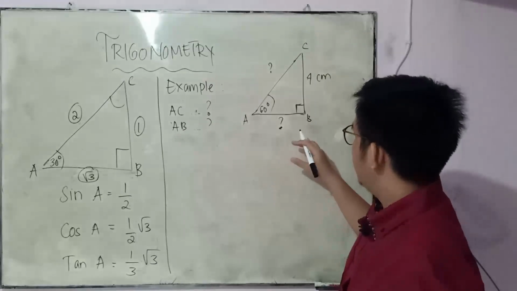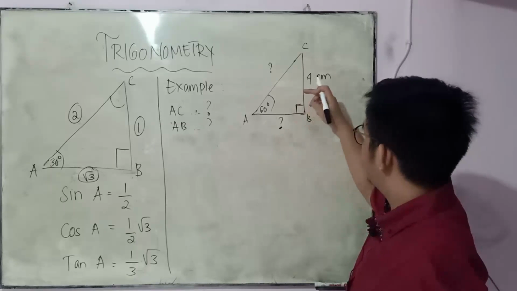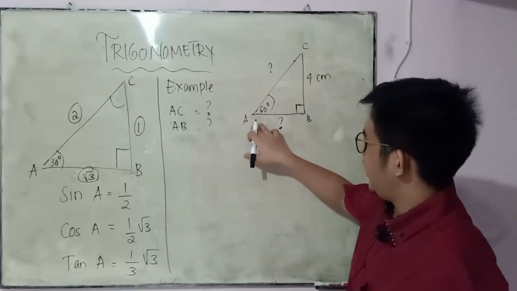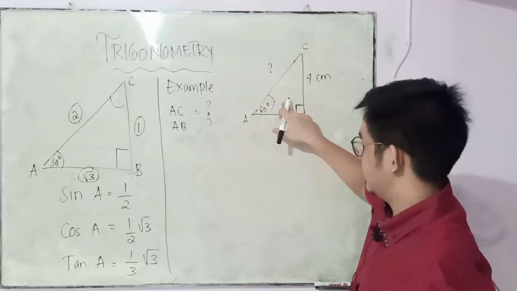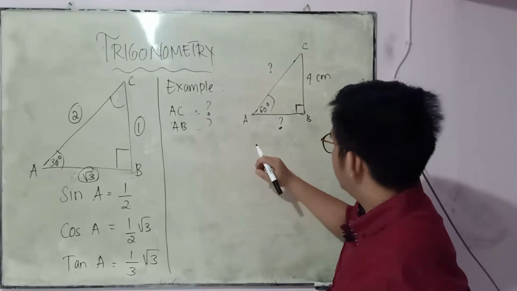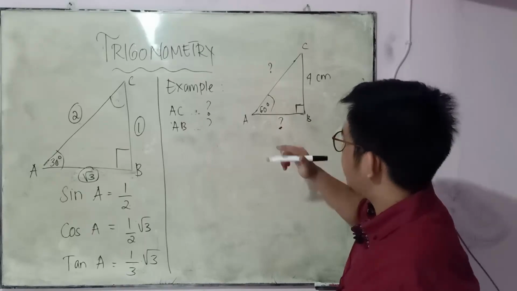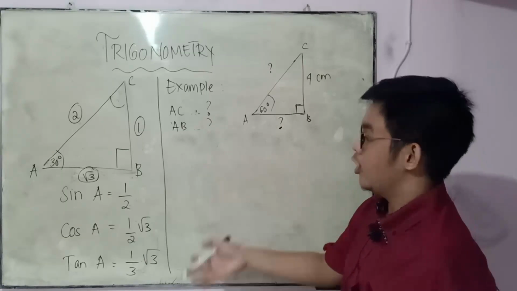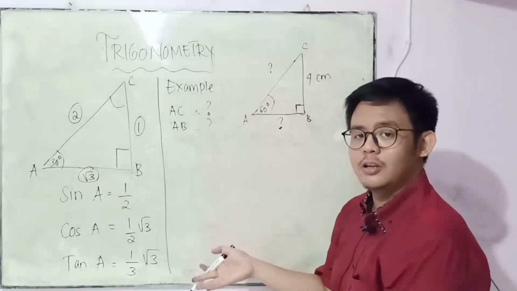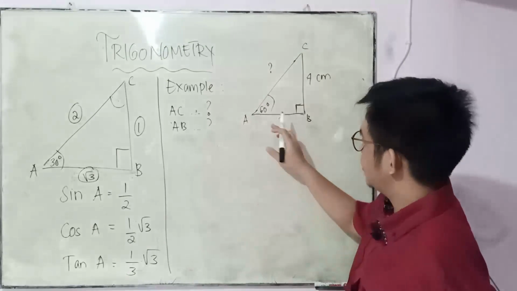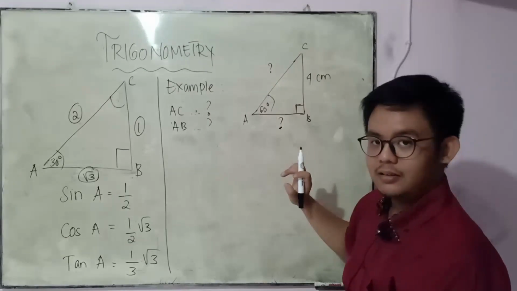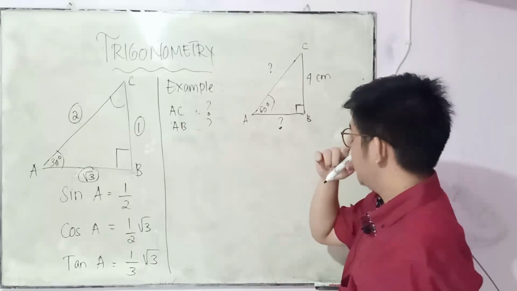In here, we have BC equals 4, and the angle A equals 60 degrees. To make this easier, we just have to use trigonometry, because we can use the Pythagorean theorem actually, but since we have two values missing, it's going to be hard.